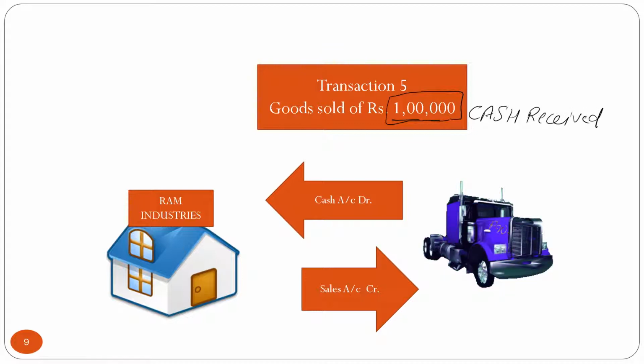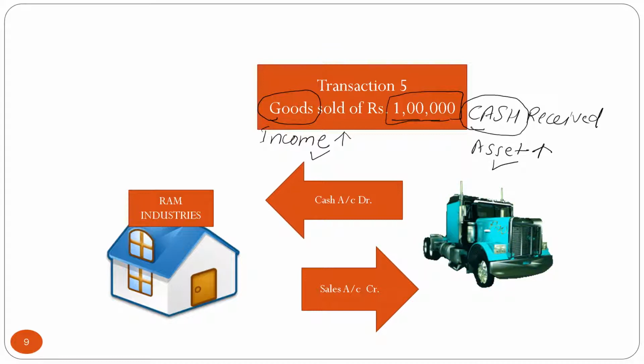So here we have two effects: goods are sold, which means income to the business, and cash received by the business, so cash is an asset. Asset increases, income increases. So these are the two effects: income increases and asset increases. For income, we use the nominal account rule.